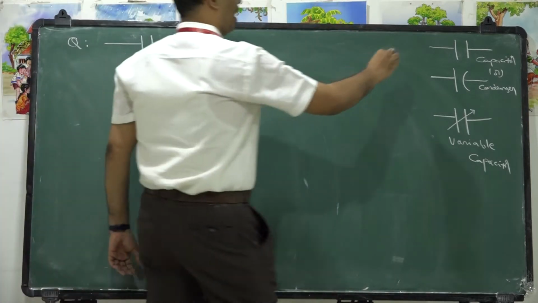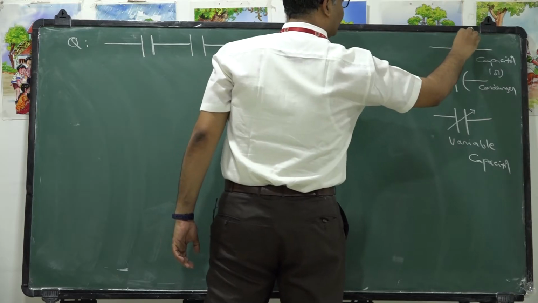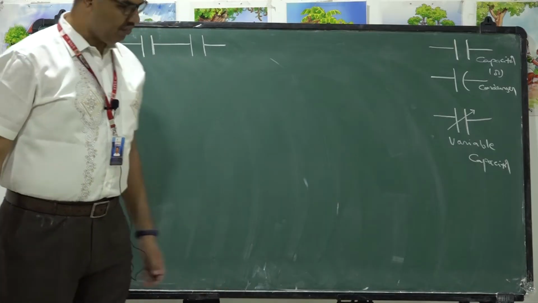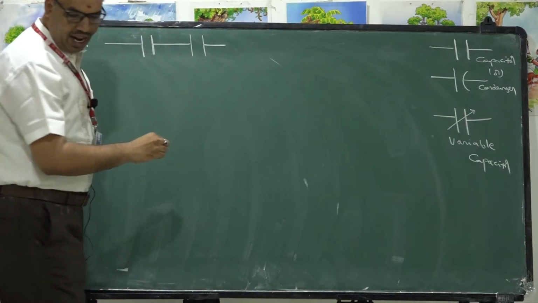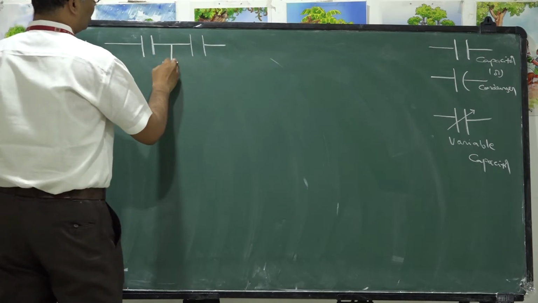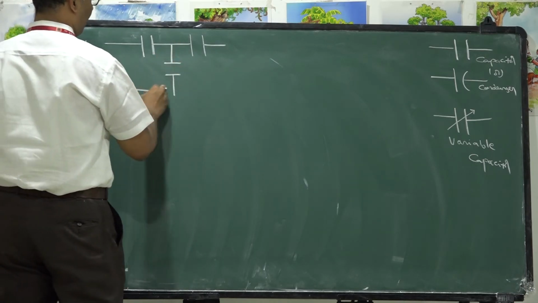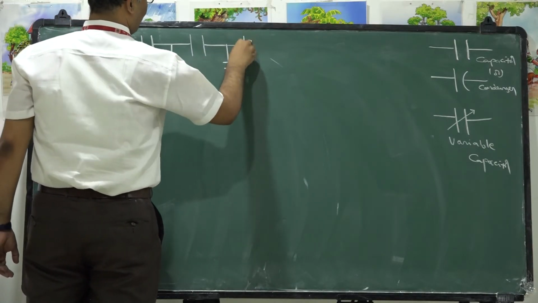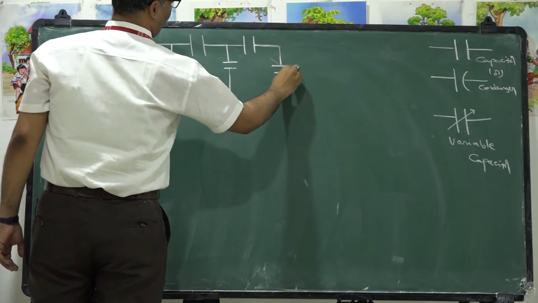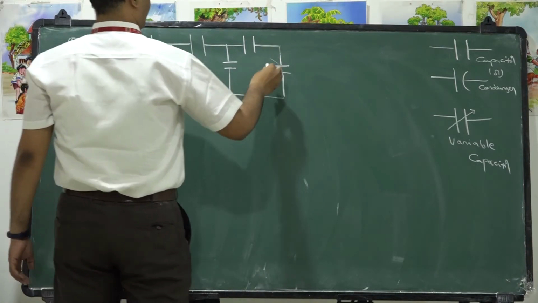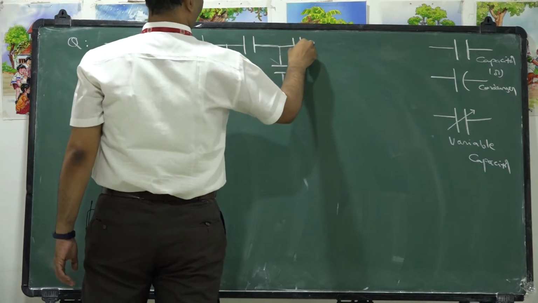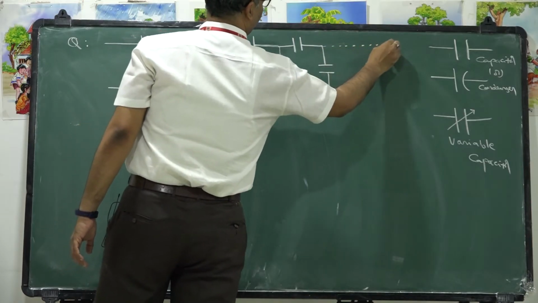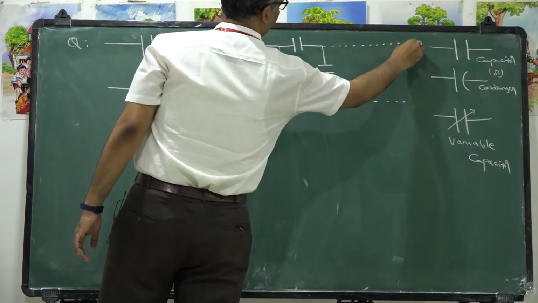Both the plates are having identical size. So here we are given with combination of capacitors as a ladder network like this, extended up to infinity.